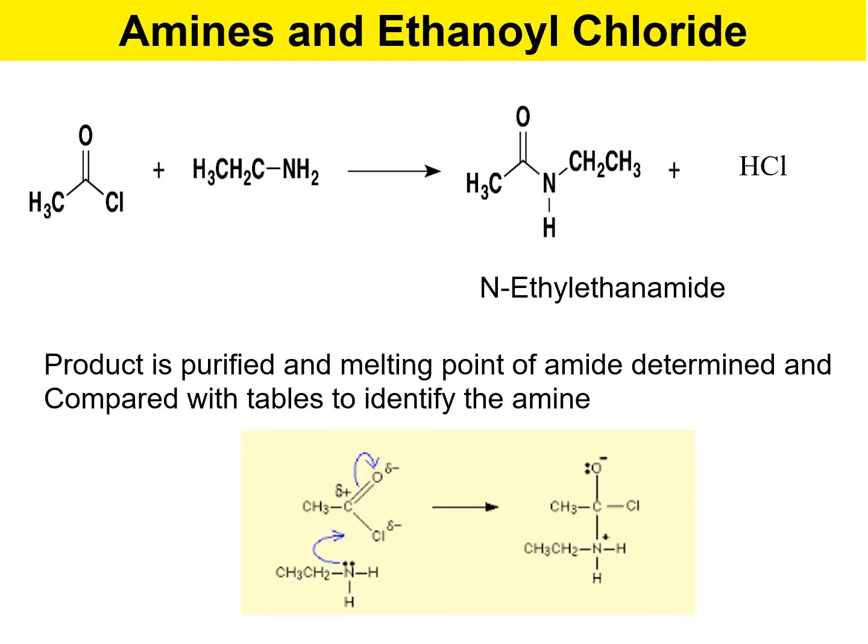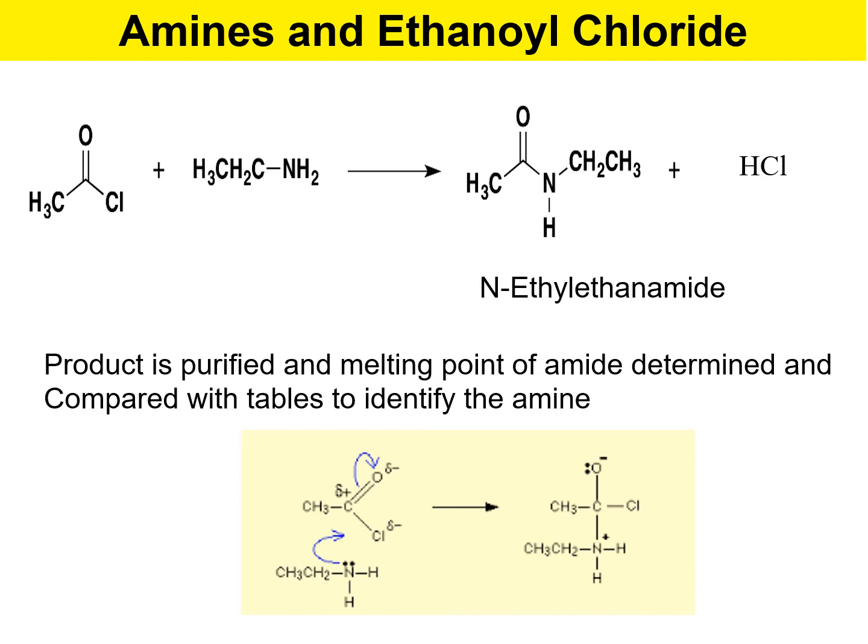This slide looks at the reaction of amines with ethanoyl chloride and is used to identify an amine. Previously, we saw that amines react with acids to form salts. Ethanoyl chloride is an acyl chloride, which is a derivative of a carboxylic acid, ethanoic acid. Amines will react with carboxylic acids to form salts.